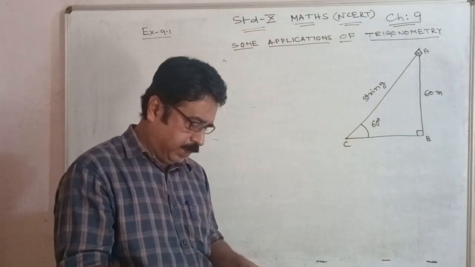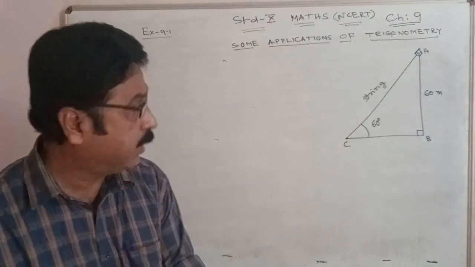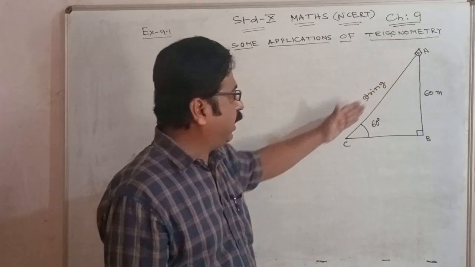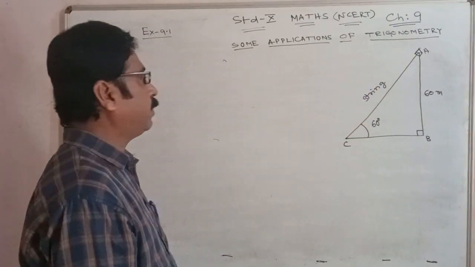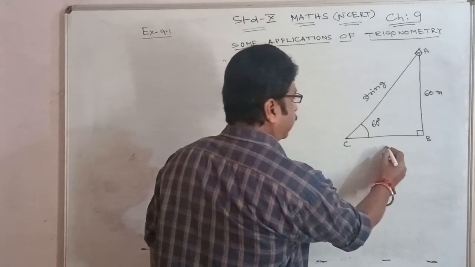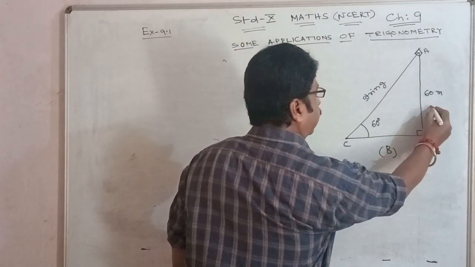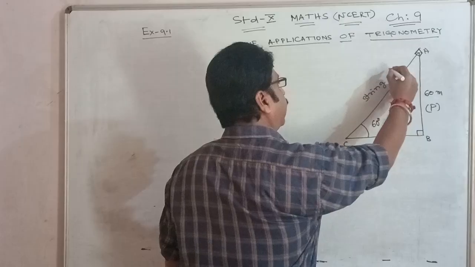We have to find the length of the string. That means we have to find the length of AC. It is base, perpendicular, it is hypotenuse.